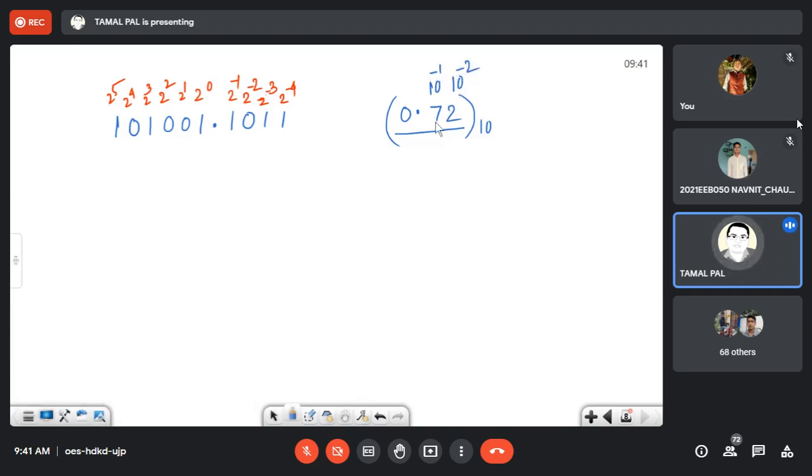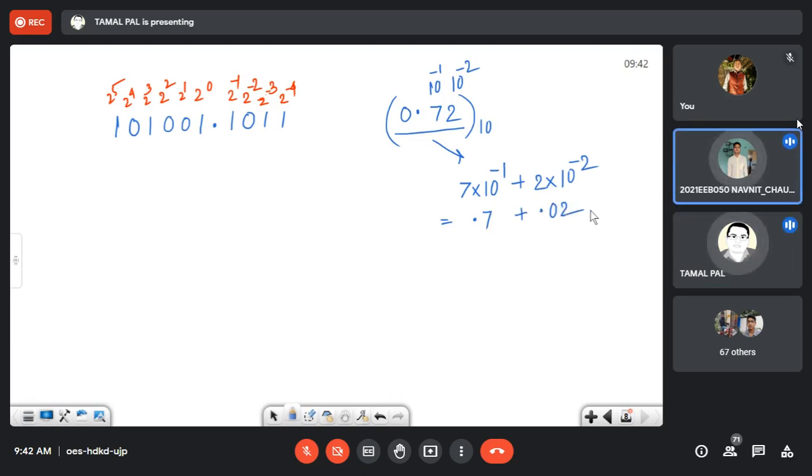Then how can we interpret the number 7 into 10 to the power -1 plus 2 into 10 to the power -2? Now tell me what is the result here? 0.7, and this is 0.02, and now it becomes 0.72. So if you are clear with this concept, then you can very easily find out.